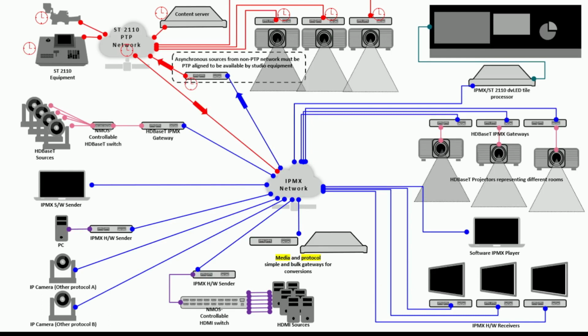So again, the main point of IPMX is to keep everything that was so carefully built into AES67, into SMPTE 2110, in NMOS, and just add a few useful things that really open up the potential of those standards to a great many more applications.